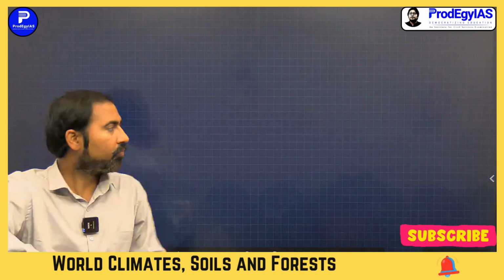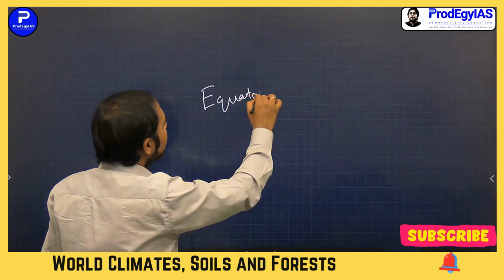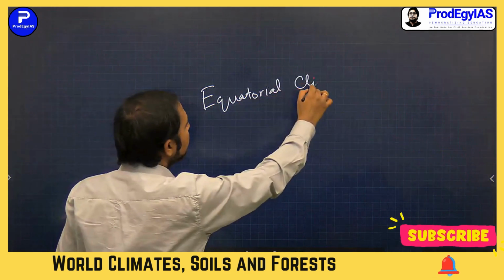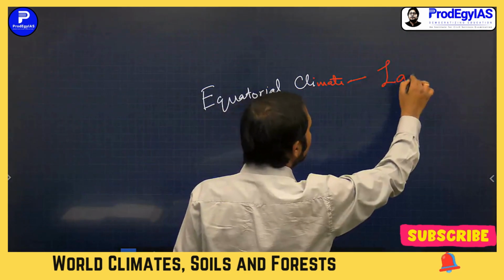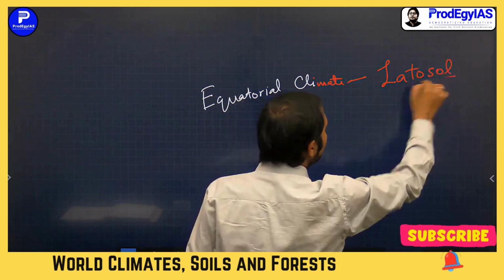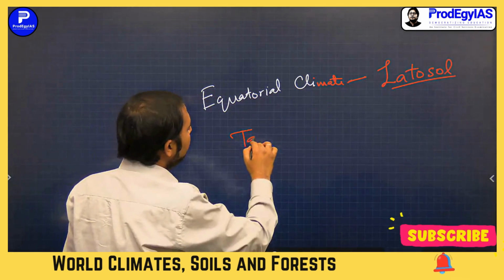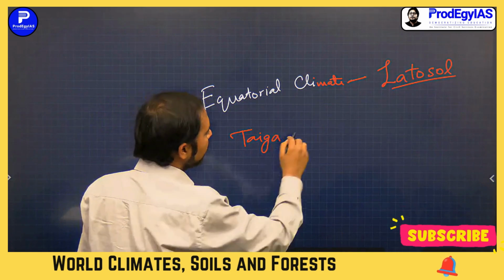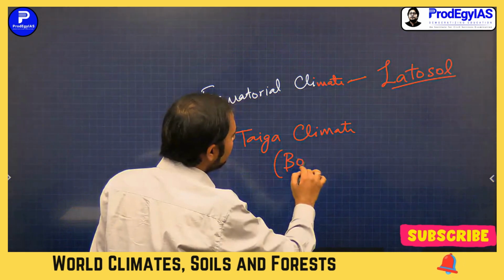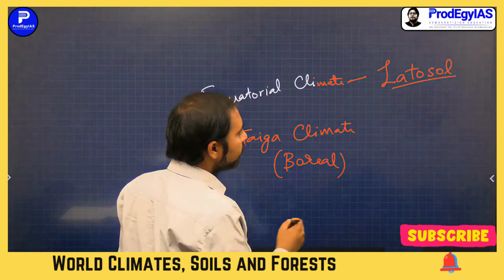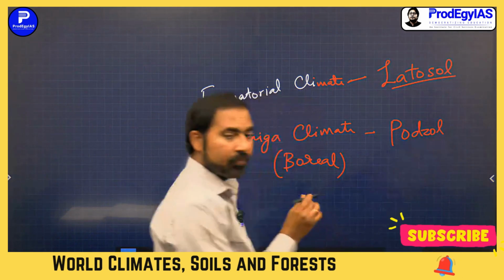It is like in equatorial climate, this soil type is latosol, right? In taiga climate, it is also called boreal climate, the soil type is podzol, right?